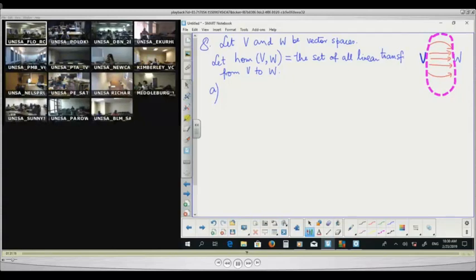There is at least one, I know. What is it? Zero, yes. The zero one. This is the function which takes every vector to the zero vector, the zero linear homomorphism.